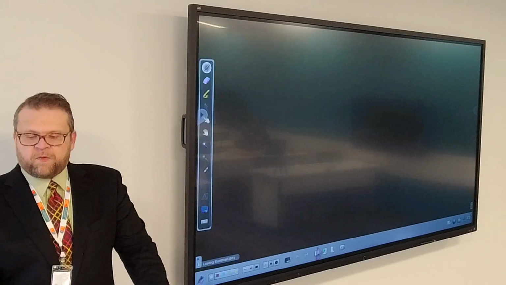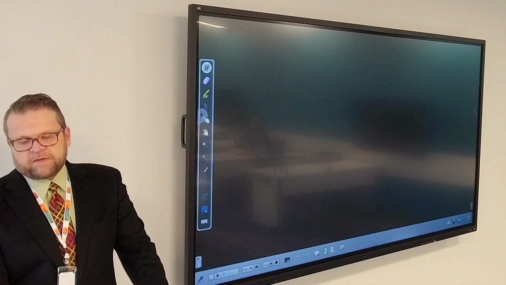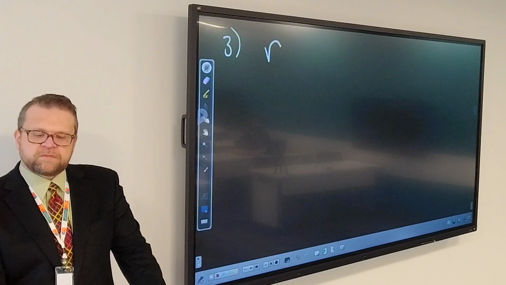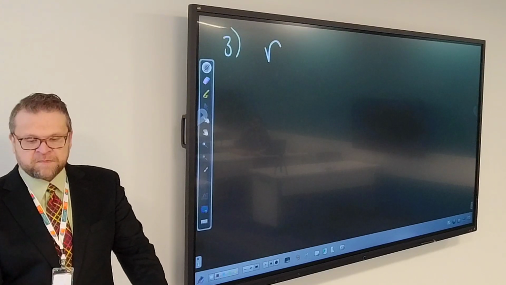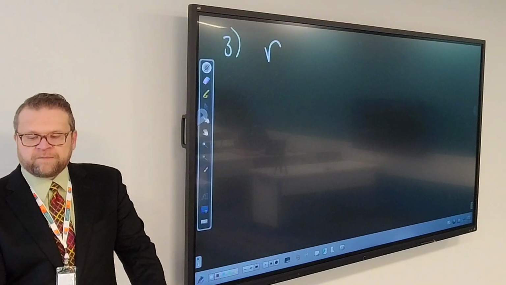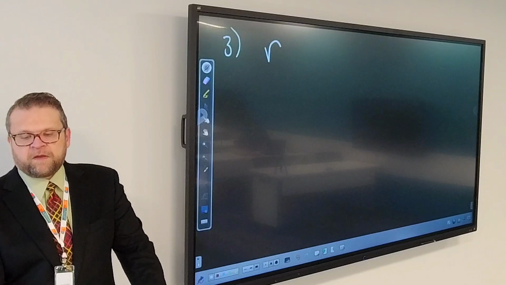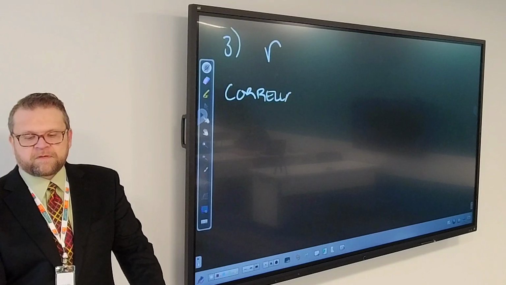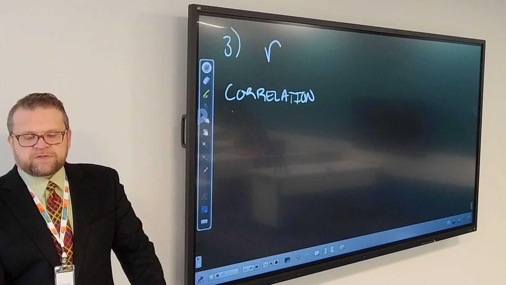And then what we do is we define this new number. This is a lowercase r. It's called the correlation coefficient.